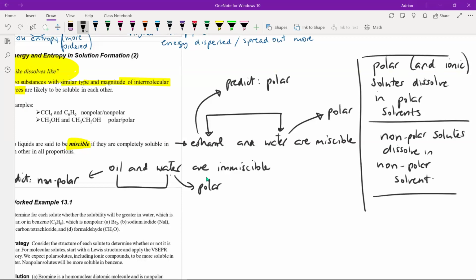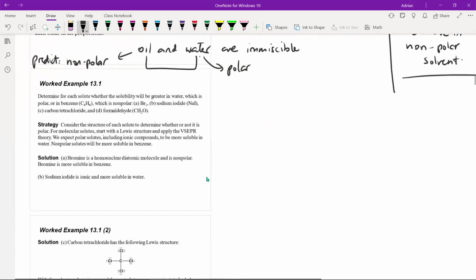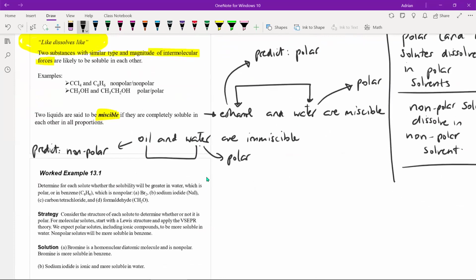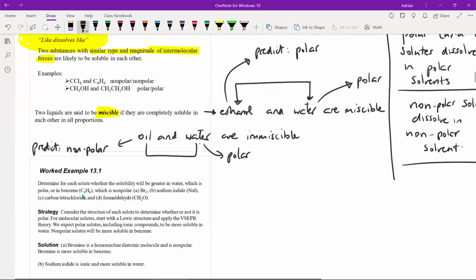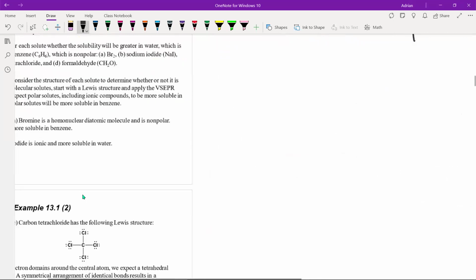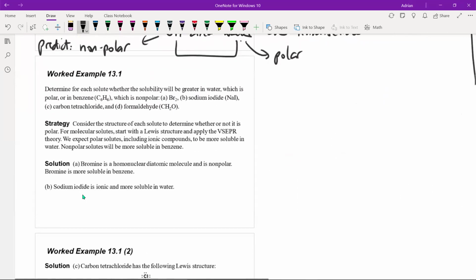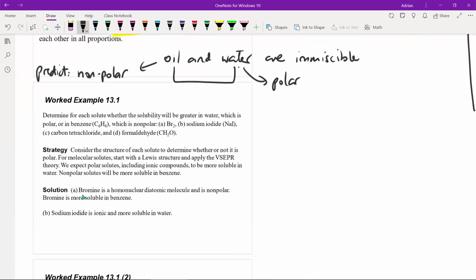Okay, let's take a look at an example or two. It says, determine for each solute whether the solubility will be greater in water, which is polar, or in benzene, which is non-polar. So it tells us that water is polar, which we already know. And I was telling you this thing called benzene is non-polar.